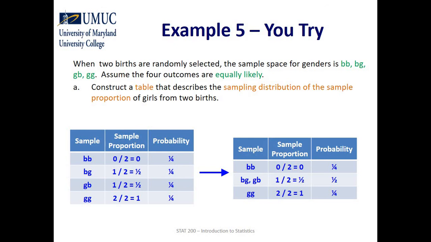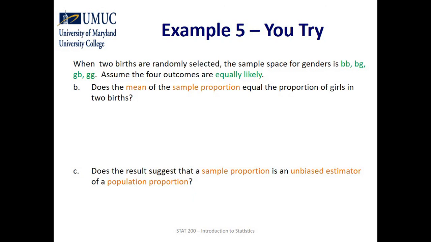Now, does the mean of the sample proportion equal the proportion of girls in two births? So how do we do that? Remember, mean, expectation, same kind of thing. So the mean of my sample proportion is going to be the summation of each individual proportion times the probability of that proportion occurring.